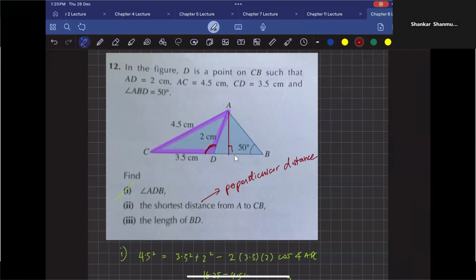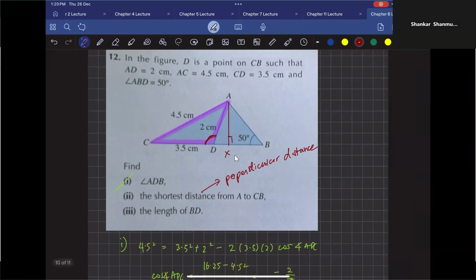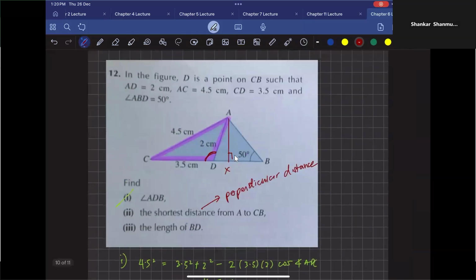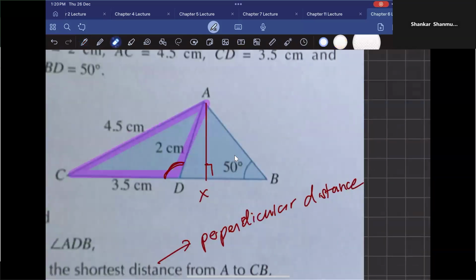Perpendicular distance basically means that the angle formed when AX touches CB is 90 degrees. You're trying to find AX, and you also know this 90 degree angle, but you don't know AB. If you find the side AB, then you can use your sine rule.